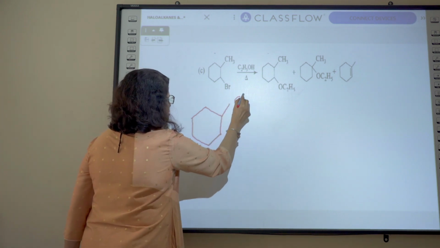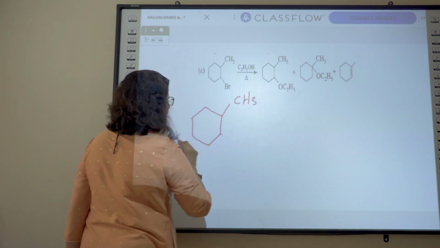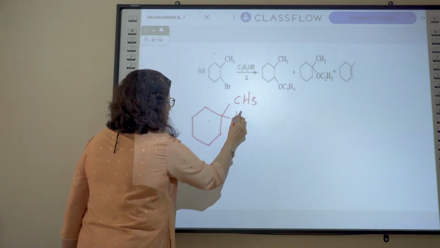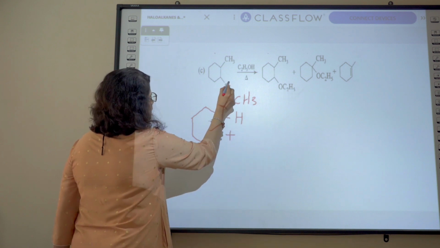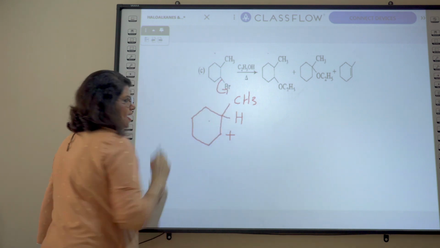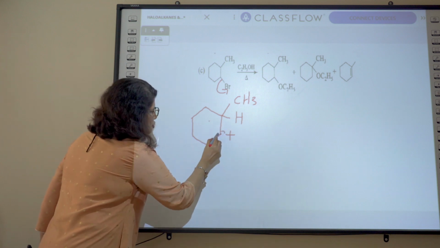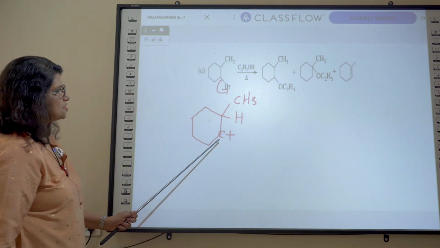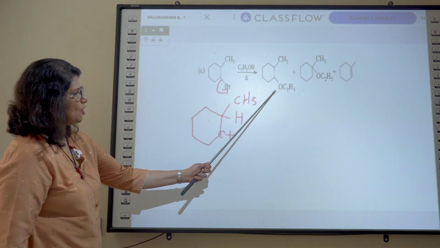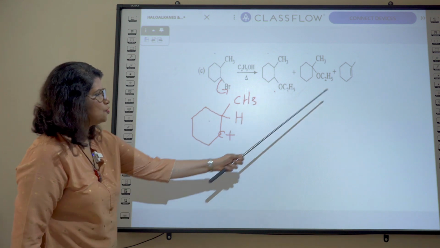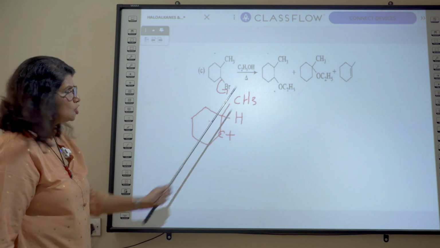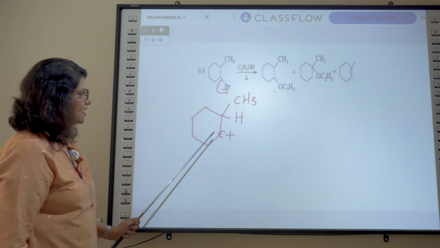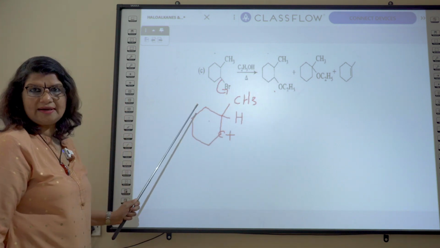So we have CH3, CH3, there is a hydrogen here and now we have a plus charge here when the Br is lost as a Br minus. So to neutralize this positively charged carbon, the methoxide ion can be attached here, or you can have a double bond by the loss of this hydrogen. So these two products can be explained from this particular carbocation.